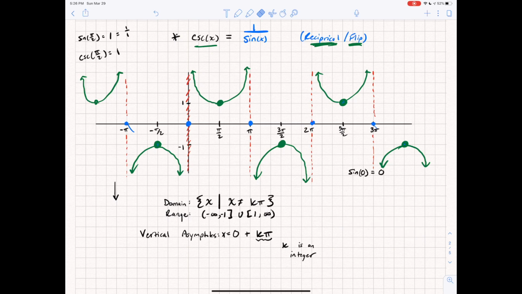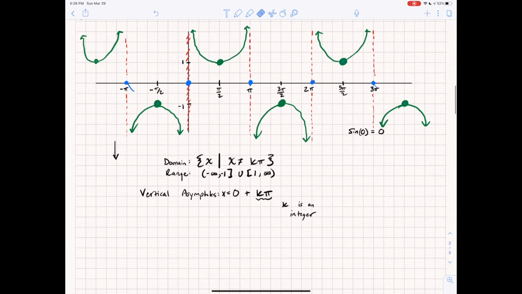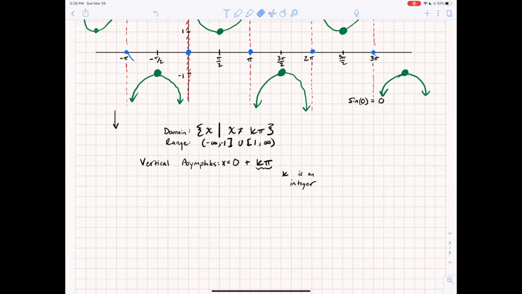I'm not going to ask you to graph cosecant. A couple of things that I am going to do with cosecant, though, is go through and essentially evaluate certain values. And you've done this practically already, but just to give you another example, what if I asked you to find cosecant of pi over 4?